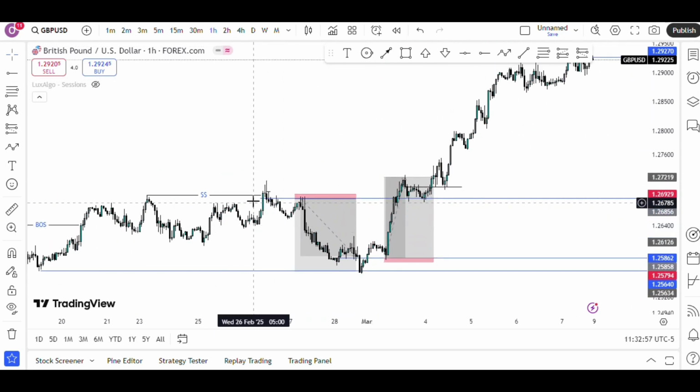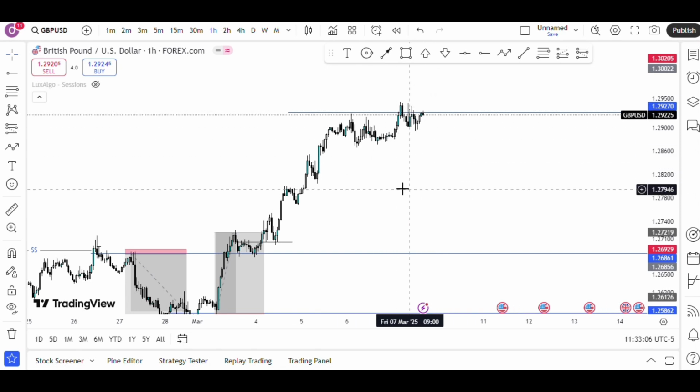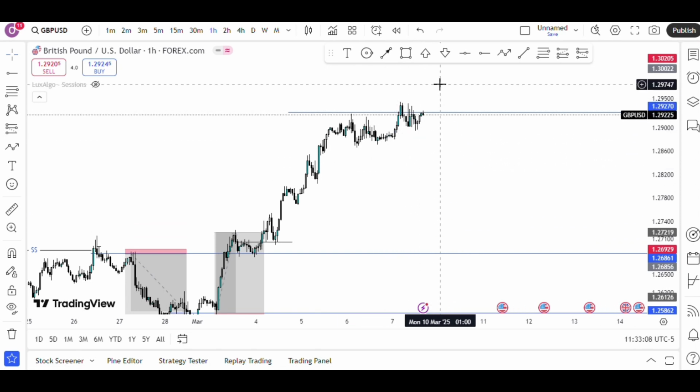This one is just a pullback catch because we swept the low and closed inside the higher time frame. So we're just expecting a little sell. The same thing will happen here, and if it didn't happen here and it closed above, we're going to use this to continue the trend up.